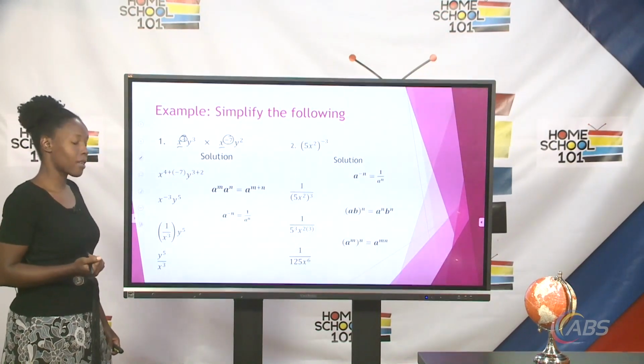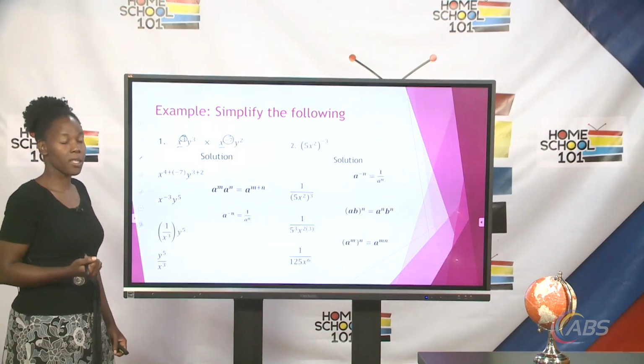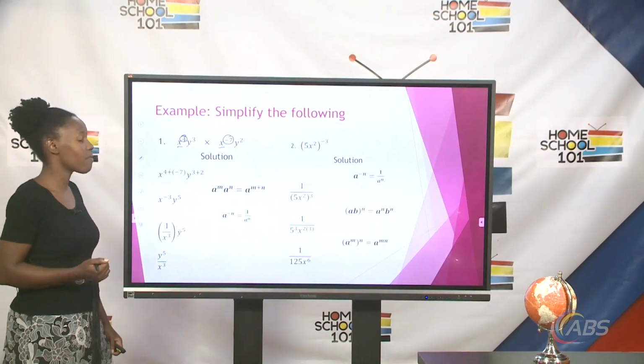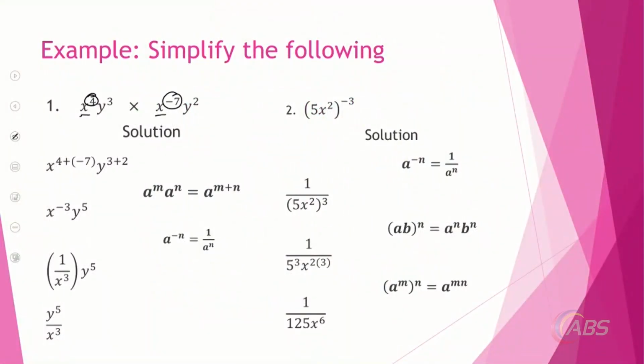Once the terms are of different signs, all we need to do is to subtract the smaller from the larger and then rewrite the sign of the larger. So I can simply write this as 7 minus 4, which would give me 3. And because the larger number 7 is negative, it becomes negative 3.